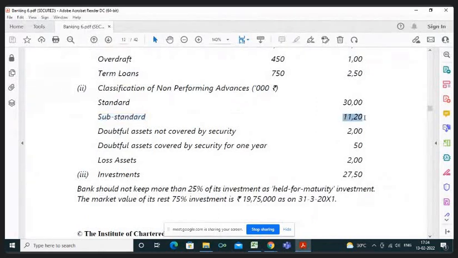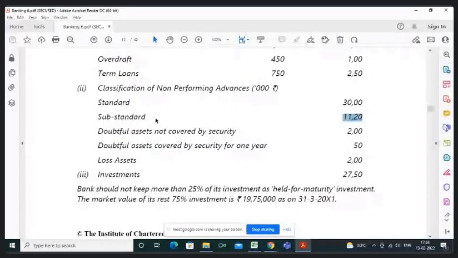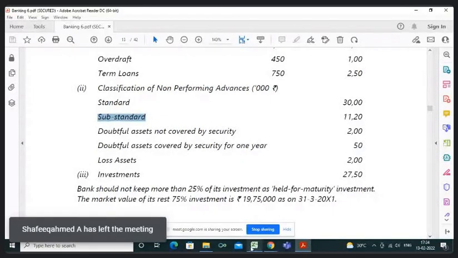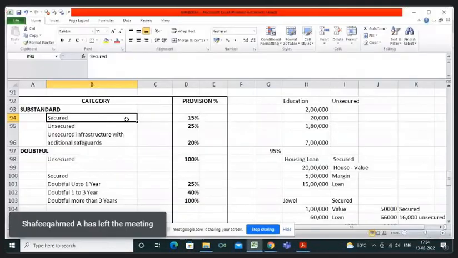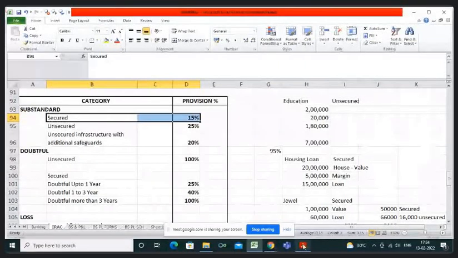Here this question is silent. They say substandard. Then what we have learned: if the question is silent, always assume it is secured. So we will go by the working note. We have to give one working note. Since the question does not specify the type of asset, we assumed that all the substandard assets are secured. Then we can apply only this percentage. Secured advances, substandard provision percentage is 15.